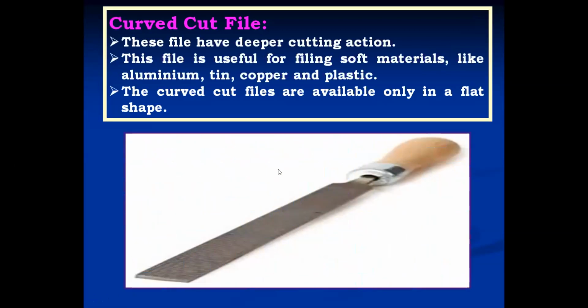Next, last one, curved cut file. These files have deeper cutting action. The teeth are made in a curved section. Just see here, curved like that. The teeth are arranged in a curved position.